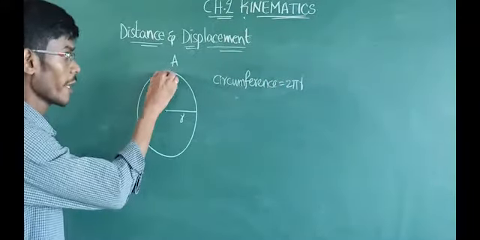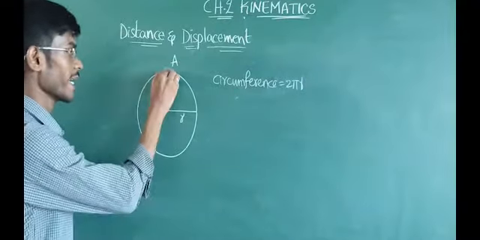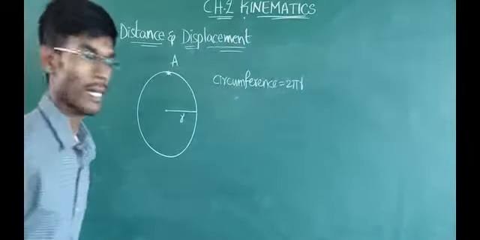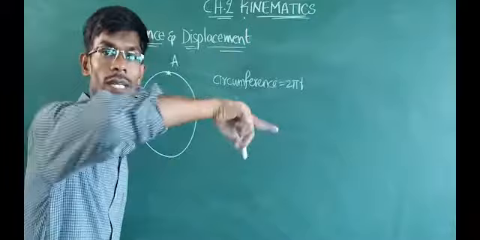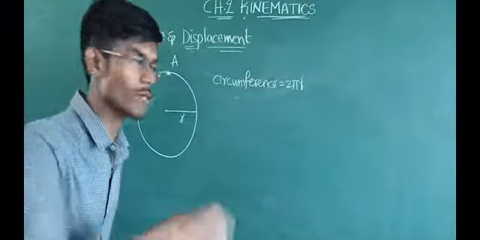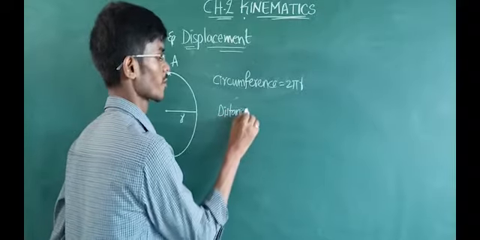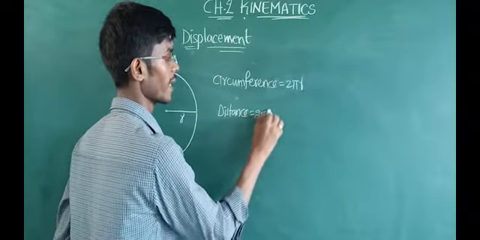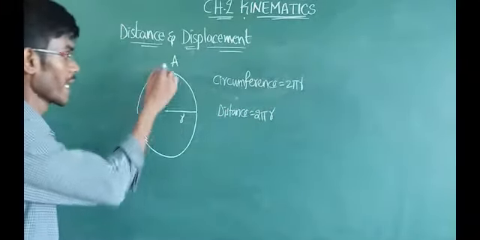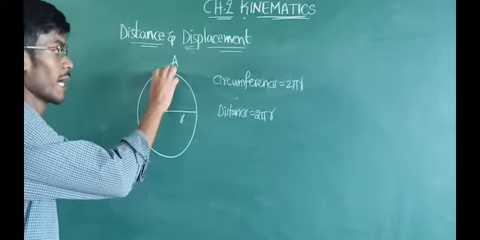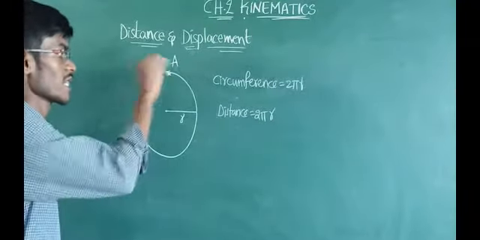So from A to A again, if we are moving along the circumference alone, that is the actual path. So distance is equal to 2 pi r.